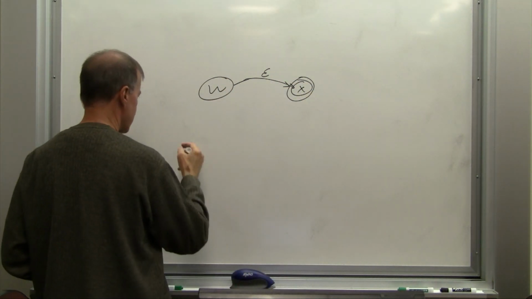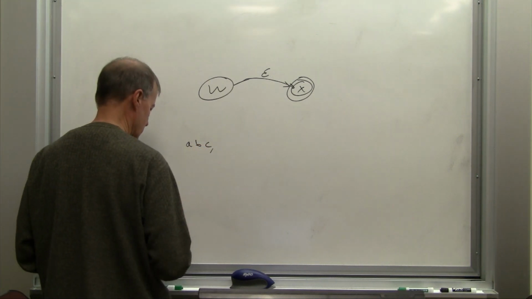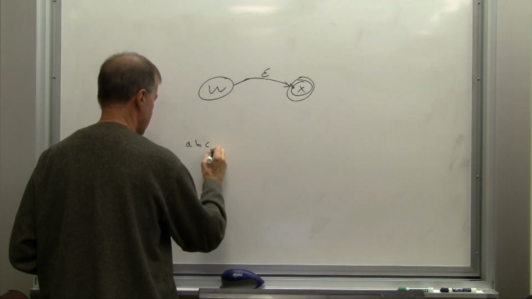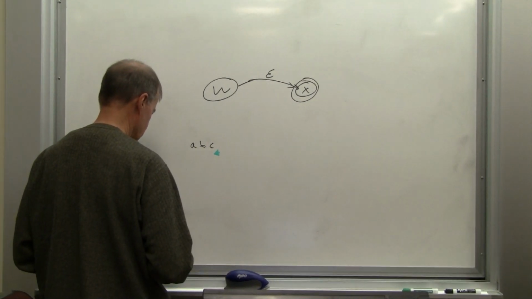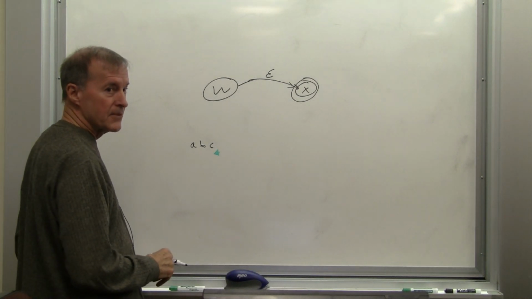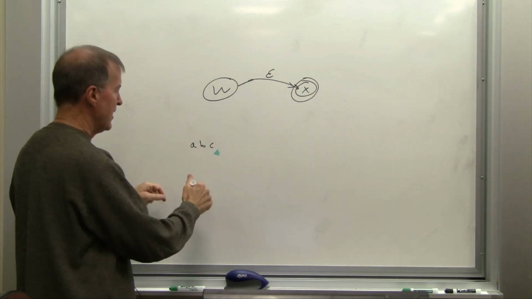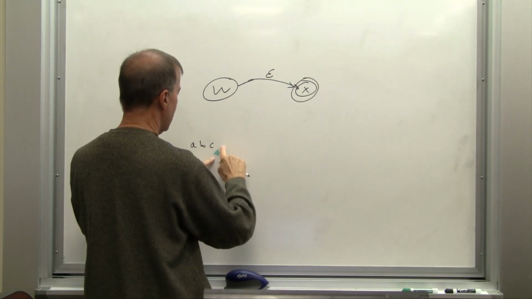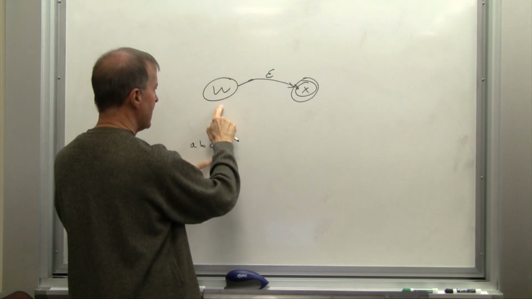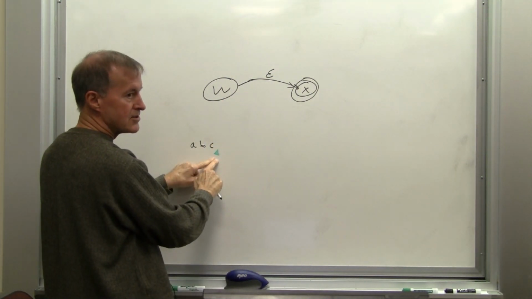Suppose it's like A, B, C, and your cursor is right here, at the end of your scan. Suppose this is a small part of a larger machine, and you're in state W. Well, look. With this empty transition, W is not a what? It's not a final state.